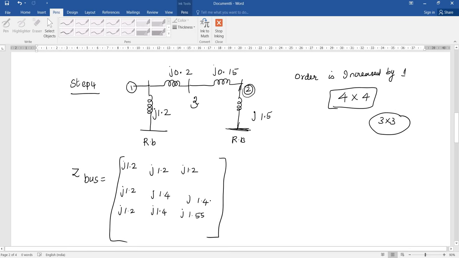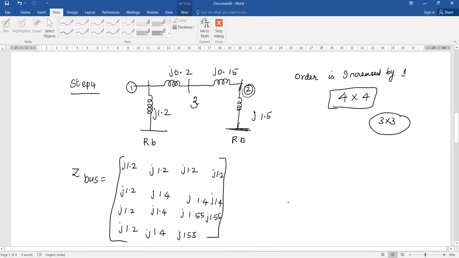Okay, I have to copy these down to the next column. So j1.2, j1.4, j1.55, here j1.2, j1.4, j1.55.